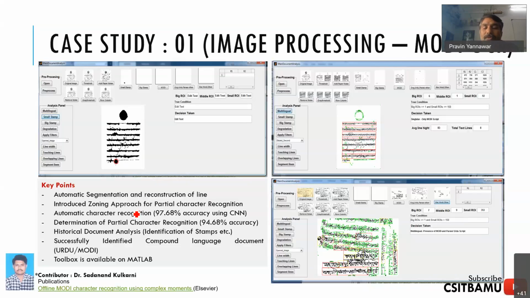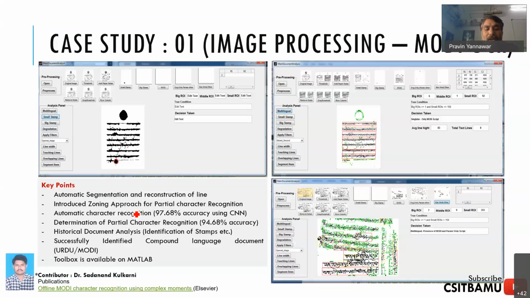We also published on it, introducing the zoning approach for partial character recognition. We have achieved 97% recognition accuracy using a convolutional neural network for Modi characters, and partial characters up to 94%.